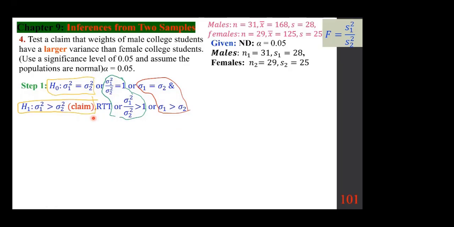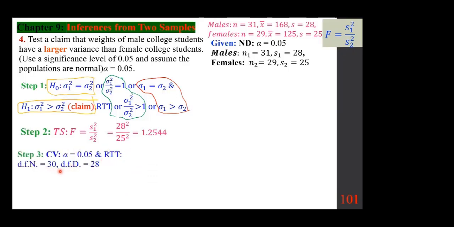So with that being the case, the test statistic, it can't get any easier than that, can be calculated as s1 squared over s2 squared. Critical value comes from the choice of alpha. Degrees of freedom of the numerator, the first group, n1 minus 1. And the second group, degrees of freedom of the denominator, n2 minus 1.